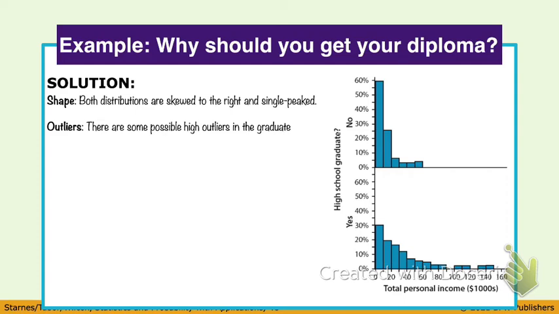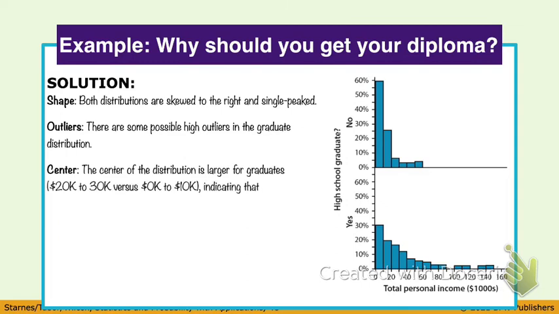Probably 130 and higher-ish, but you don't even really have to say that. You could just say there are some possible high outliers. So the no did not have outliers, but the yes had some possible upper outliers.